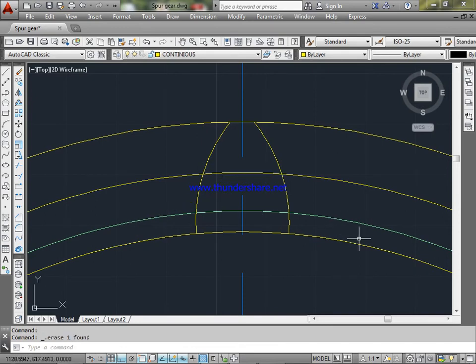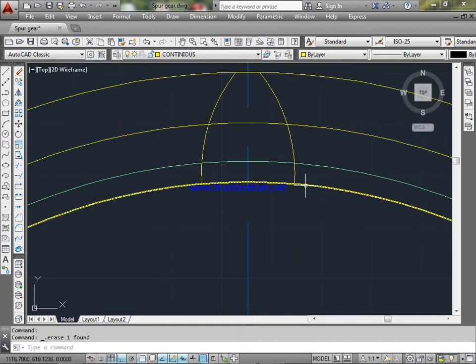Now we should fillet the lower part, that is at the dedendum circle, because in this problem the fillet radius is 3.92.